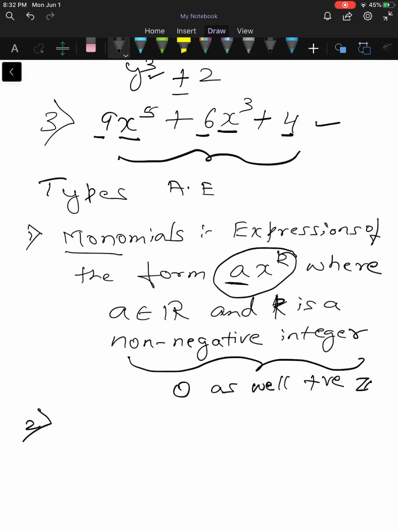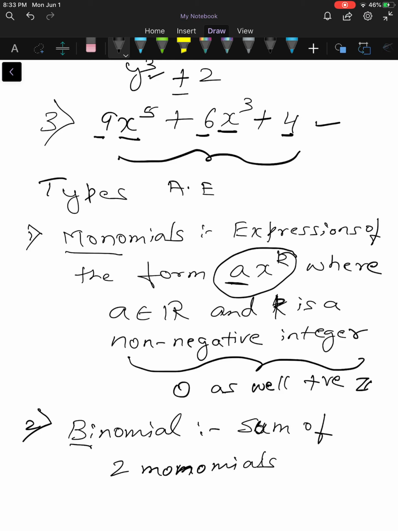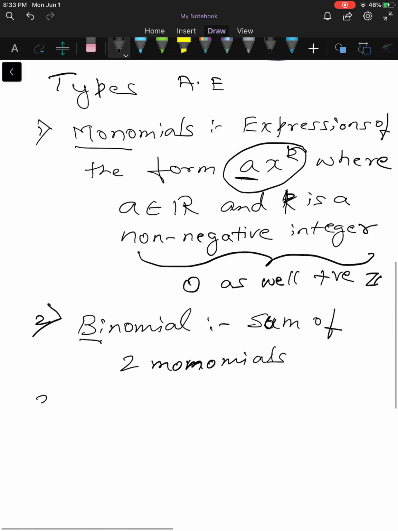So, second one, binomial. Bi means 2. So, here you are adding two monomials. So, the sum of two monomials is a binomial.